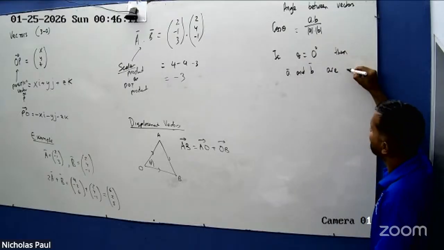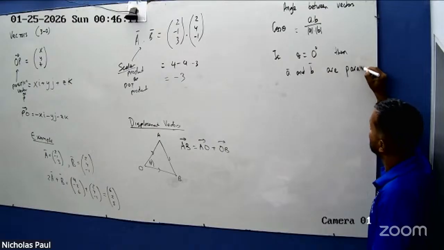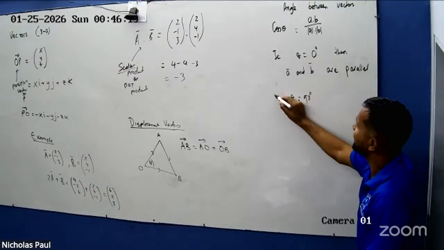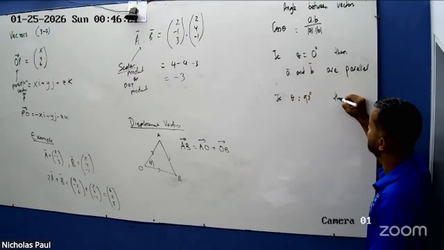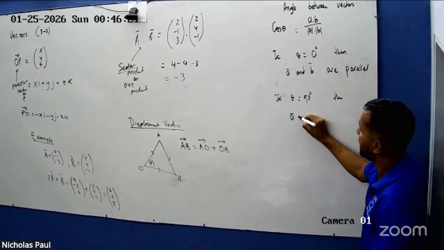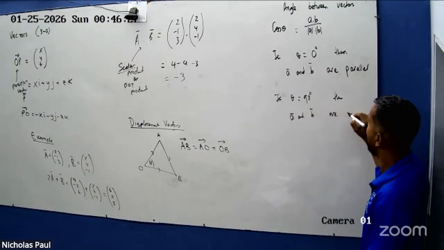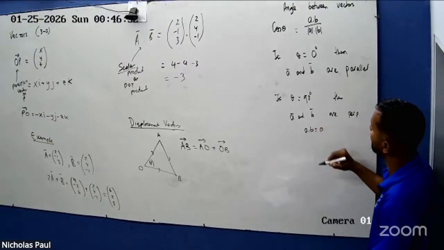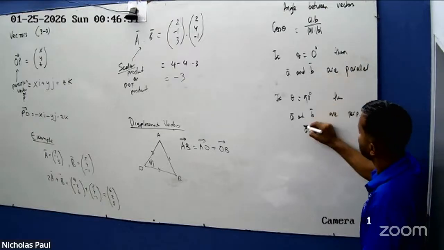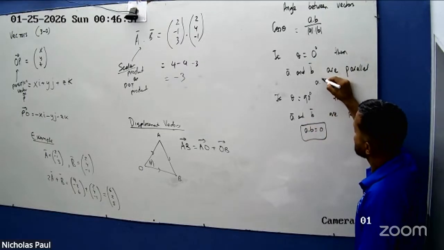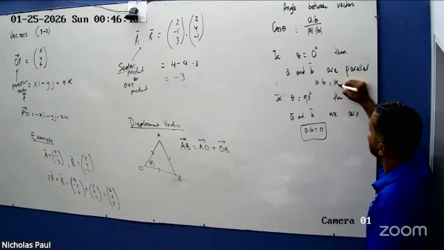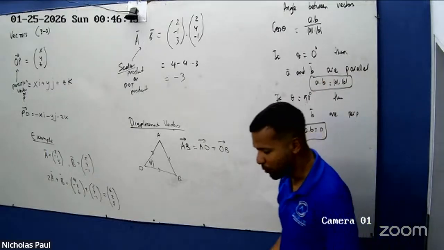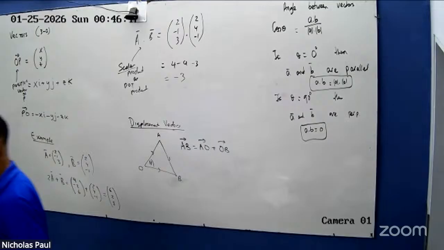They are parallel. Right? If 90 degrees, then A and B are perpendicular. Also, A dot B is equal to 0. Right, make a note of those two small things. So that's everything from the previous lesson that I need you to know.